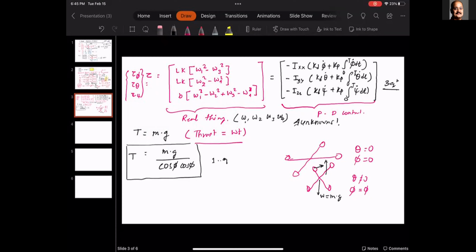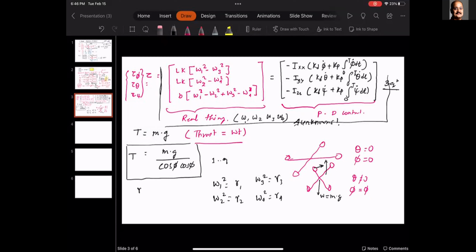Now, just for simplicity, I'm going to call omega 1 square equal to gamma 1, omega 2 square equal to gamma 2, omega 3 square equal to gamma 3, omega 4 square equal to gamma 4. So ignore this left part and look at this equation.